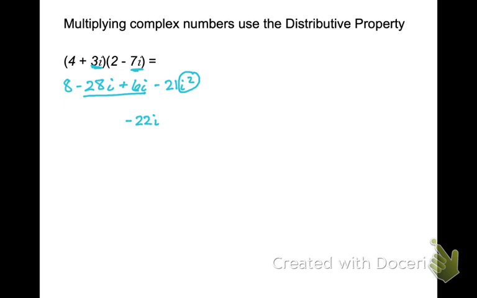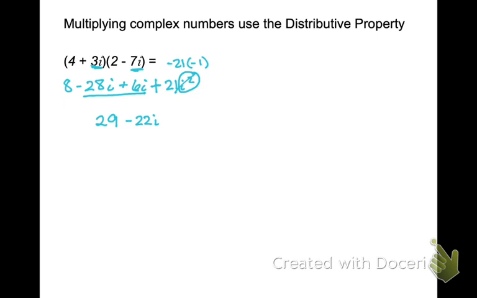So I have negative 21 times negative 1, which gives me positive 21. So I scratch that out and make that a positive. So 21 plus 8 is 29. What is the highest power of i that you can leave in an answer? 1. You can have negative i or positive i, but you can't have i to the 4th. You can't have i squared. You can't have i to the 28th. You have to reduce them.